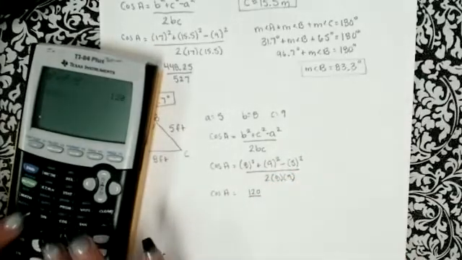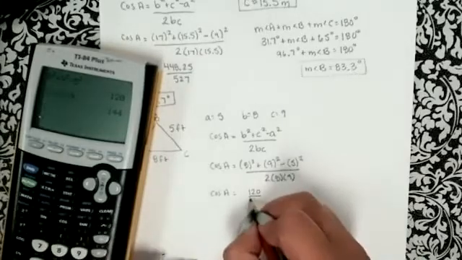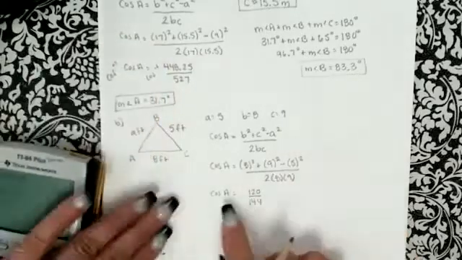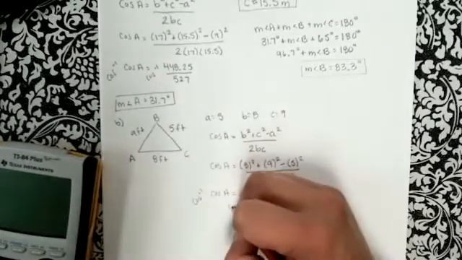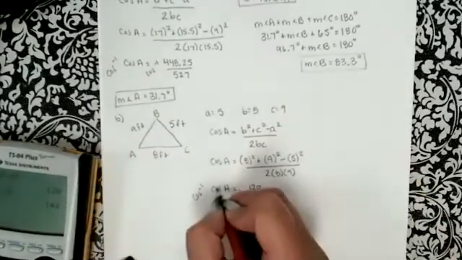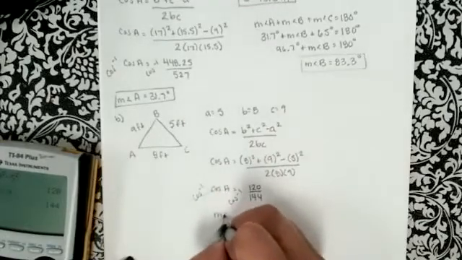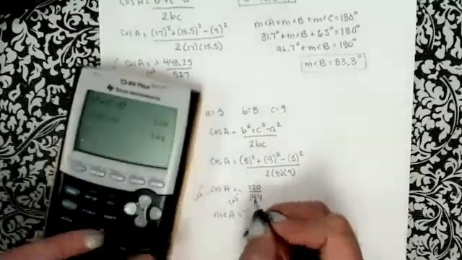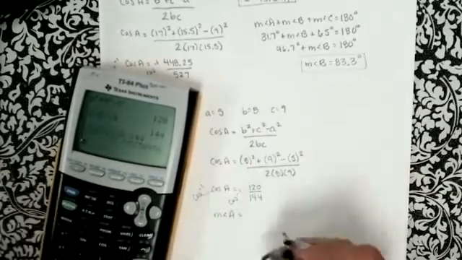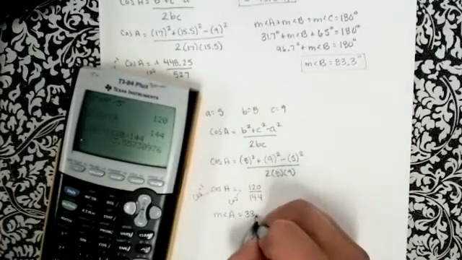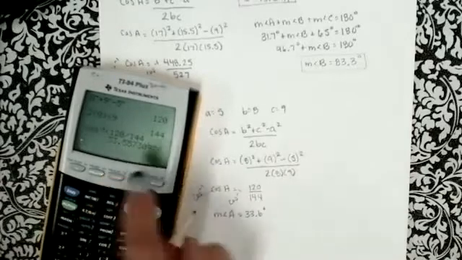In the denominator, I have 2 times 8 times 9, which is 144. Opposite of cosine is cosine inverse. So the measure of angle A comes out to be 33.6 degrees. I'm going to just round it to one decimal place.